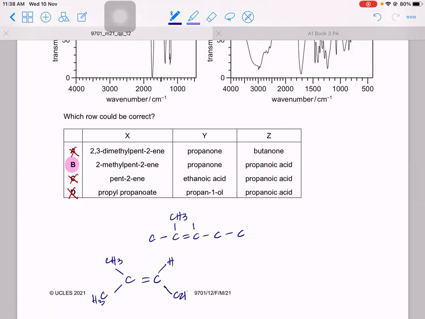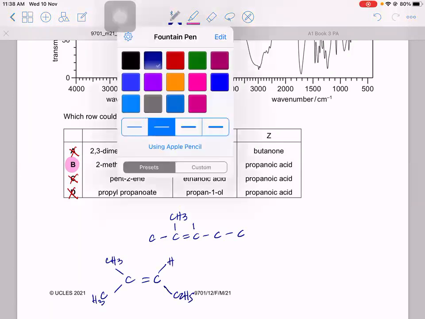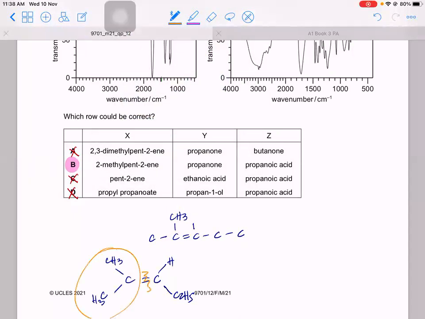Oxidation of this side will give you ketone because it is a carbon with 2 carbons, so this will give you propanone. And this will give you acid. Which carbon acid? 3 carbon acid, so this would be propanoic acid. And that's exactly what you have here. But you didn't even have to check, you could have just eliminated.